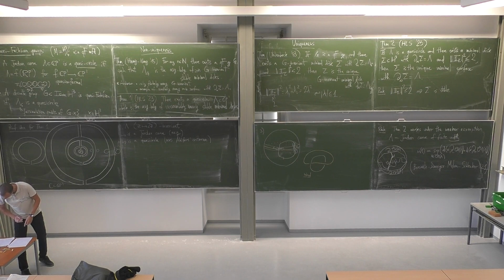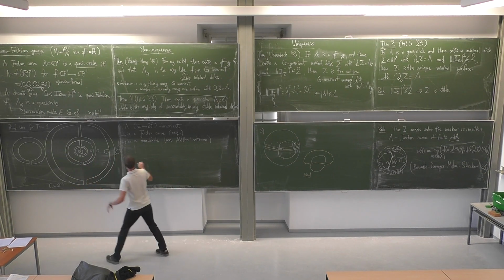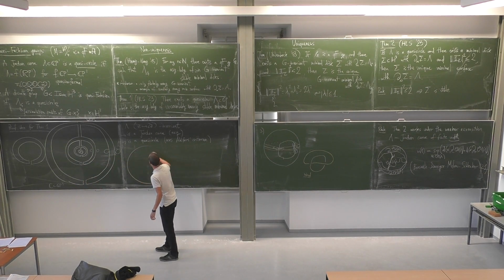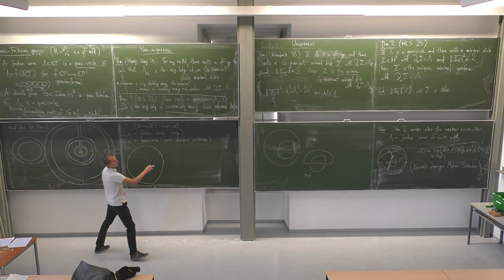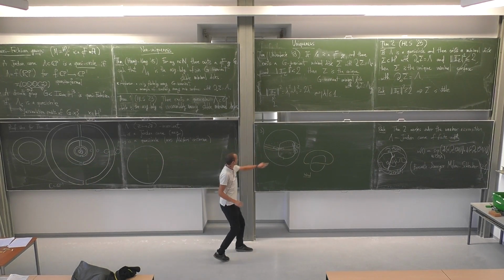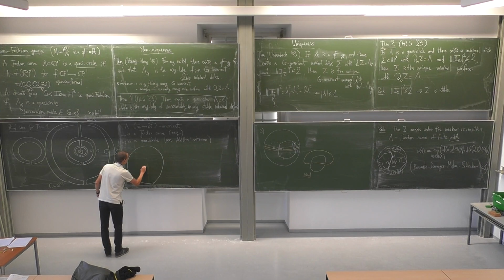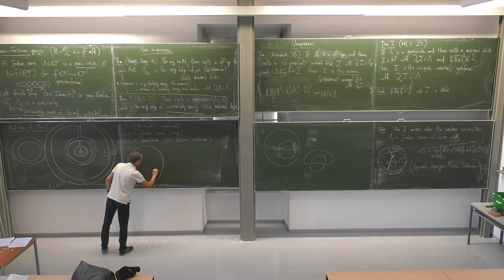Okay. And now let me draw the same picture, but in the ball model. Now the Jordan curve looks like this one actually, except with infinitely many floors.